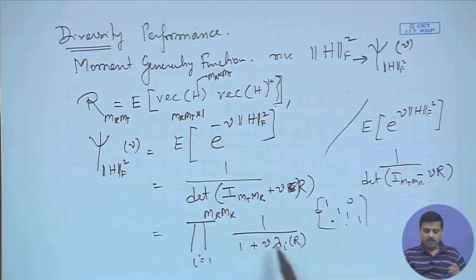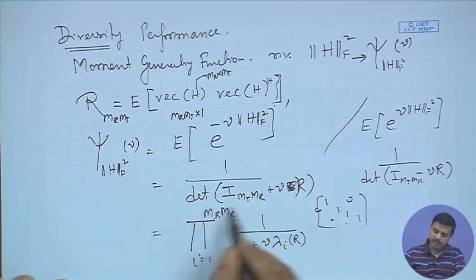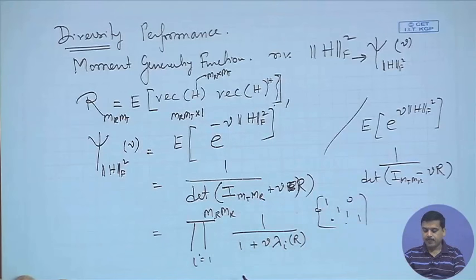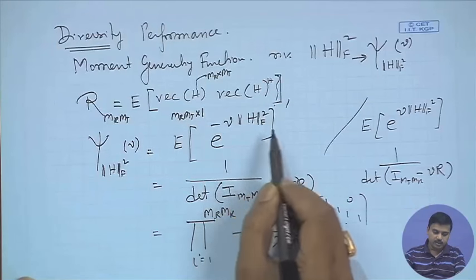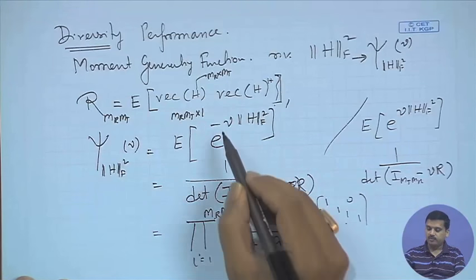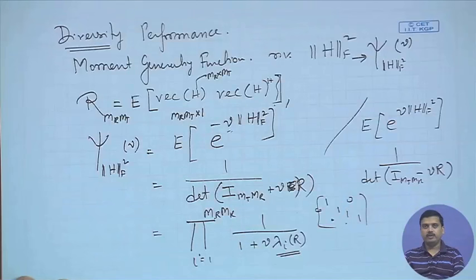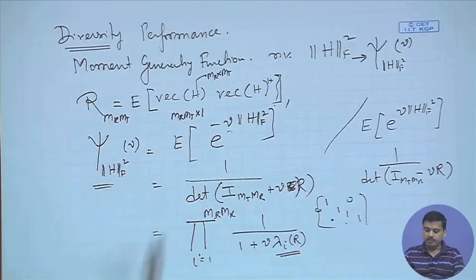Once we write this, this particular expression is going to help us in calculating the diversity performance, because we will often be getting expressions of this order, which will be very, very useful. So what we need to note is we have to use the eigenvalues of R, and we have to find this variable nu, which will be very helpful in calculating the psi of nu, and they will be replacing nu with the appropriate value, and we will be able to calculate our error probability expression.